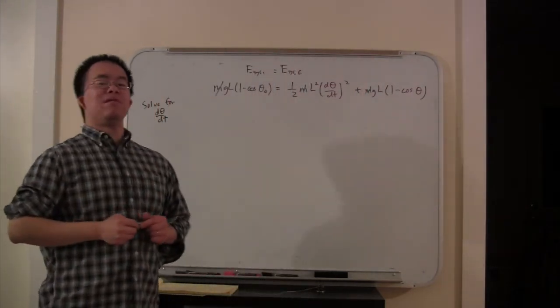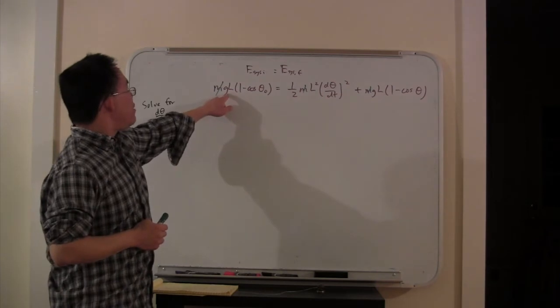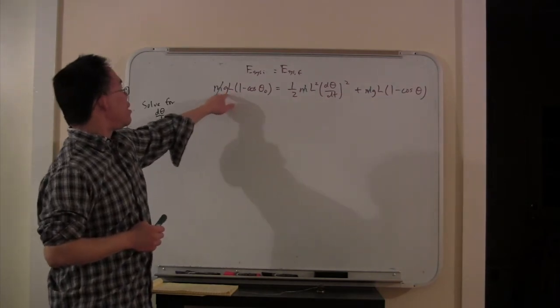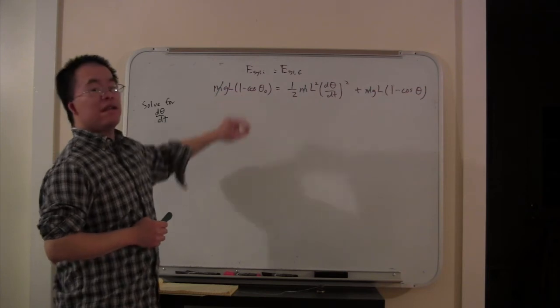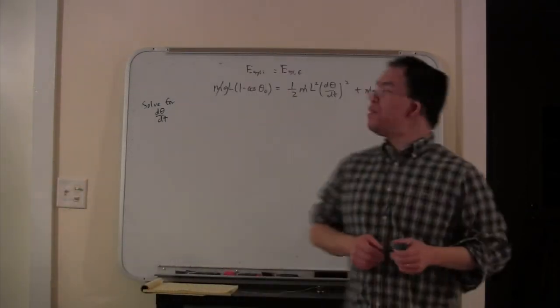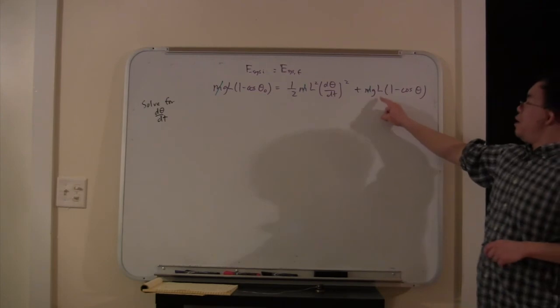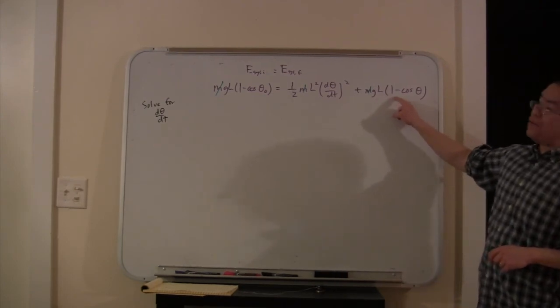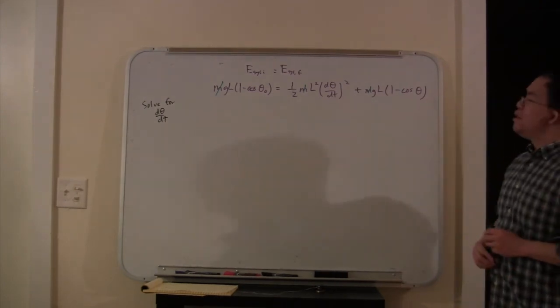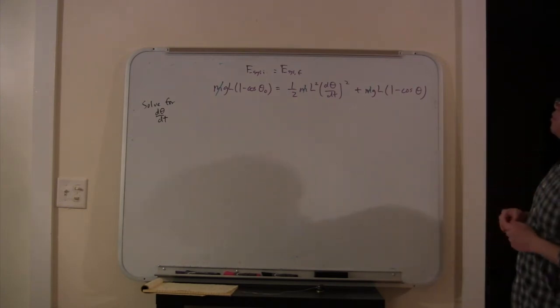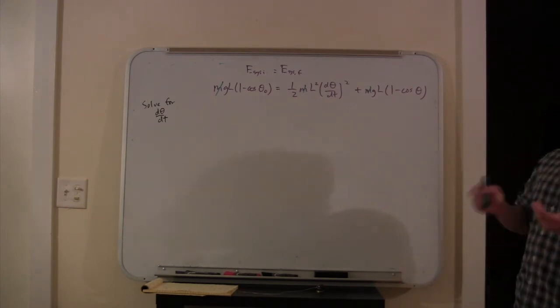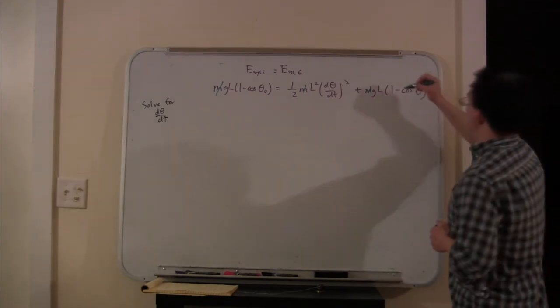One other thing to notice: if I multiply this out, I get a GL from this times this. But I also get exactly the same thing on the right-hand side. I have GL times 1 over here as well. So I have two of the same term on both sides of the equation, so I can subtract GL from both sides and not worry about that.